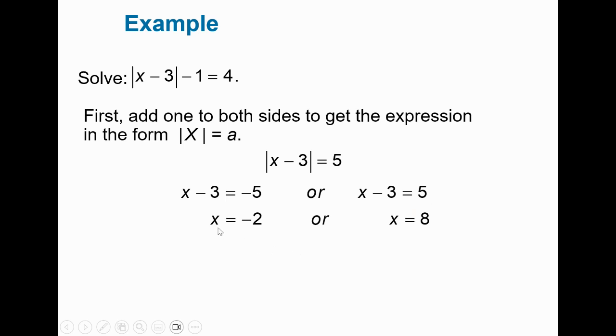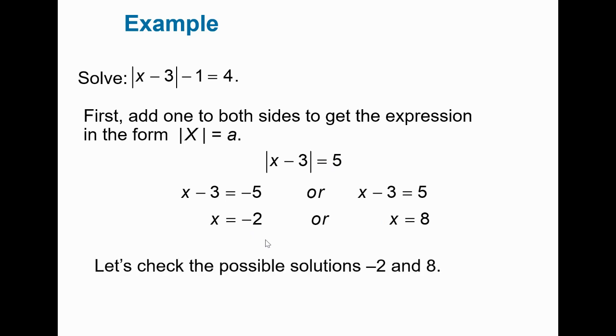Solving each one, this one works out to be x equals minus 2. Notice when you check it, minus 2 minus 3 is minus 5. The absolute value of minus 5 is positive 5. If x is equal to 8, well, 8 minus 3 is 5. The absolute value of a positive 5 is just that.